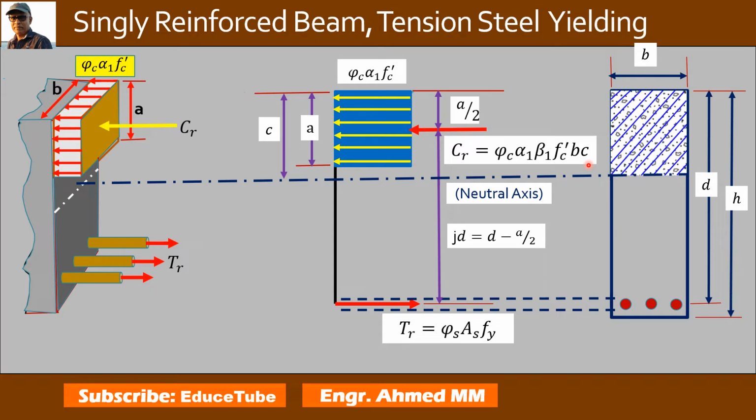Now the tension force in the reinforcement TR is equal to the product of the factored stress in steel, that is phi S Fy, multiplied by AS, the reinforcement area. So we get the tension force in the reinforcement. We can see it here, how it is shown.